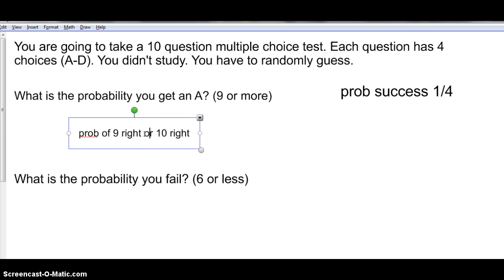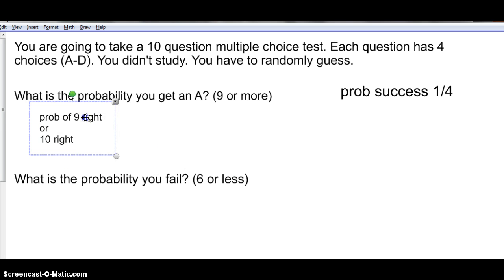Which, of course, or is addition. And so we need to find the probability of getting 9 right. So 10 choose 9. And then we need to find the probability of 10 choose 10. And so this won't be too difficult to do. Just two combinations that we would need to solve.